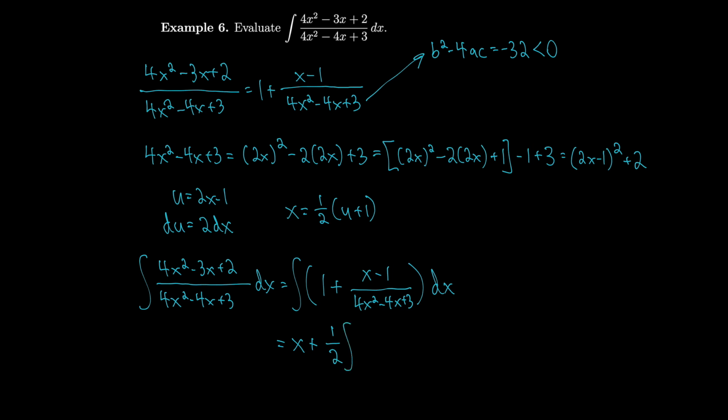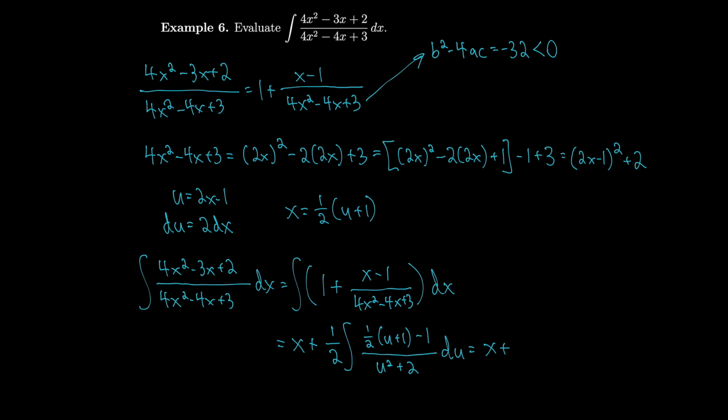And then x − 1 is equal to half of (u + 1) minus 1. Our denominator, like we said, is (2x − 1)² + 2, and u is 2x − 1, that's why we chose it, so we just get u² + 2.